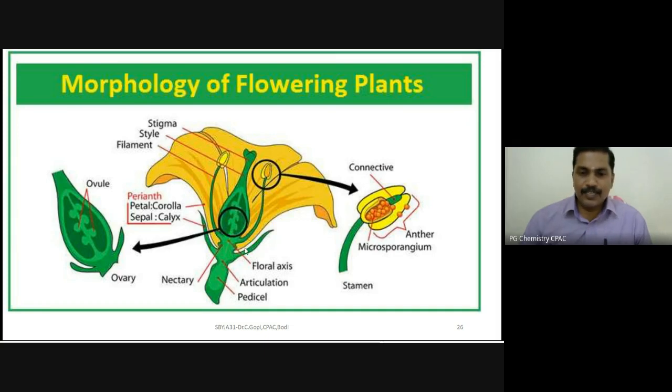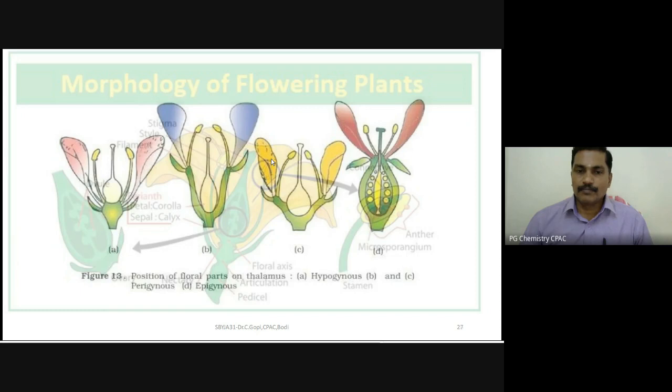Then you find the colored part of the flower, that is the corolla, petals, followed by the green part of the flower, the sepals, that is the calyx. Then you find the pedicel, and all those things are seen in the flower.